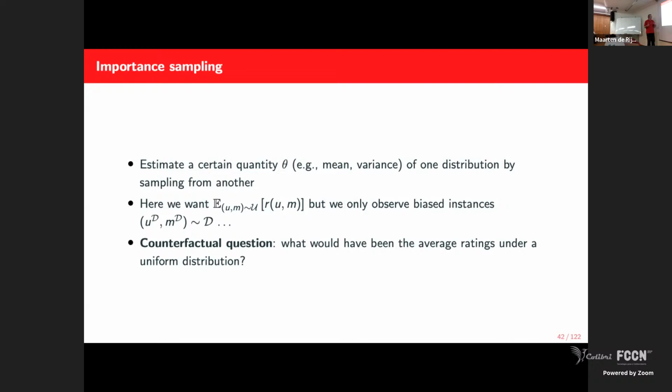We would like to estimate the expected reward for a user given a movie, but we've only observed these biased instances. The biased instances being what's in the logs, what the logging policy decided to show, what the users decided to rate. And the counterfactual question to ask here is, what would have been the average ratings under a uniform distribution? That's what we're interested in.